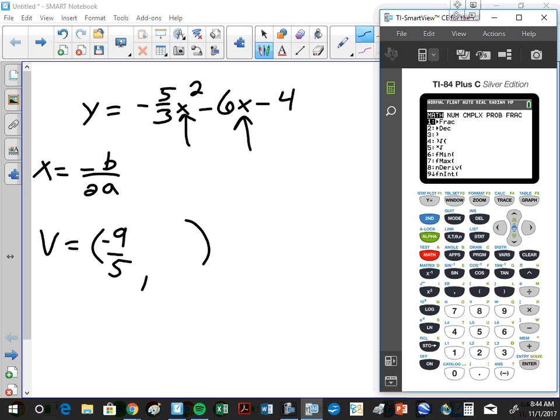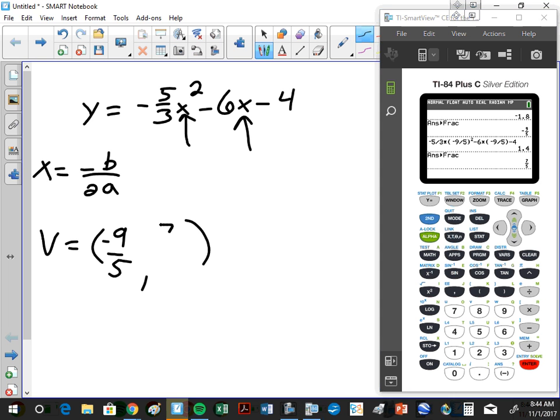And I get 7 over 5. Now, I haven't drawn the parabola yet. Where is the axis of symmetry?